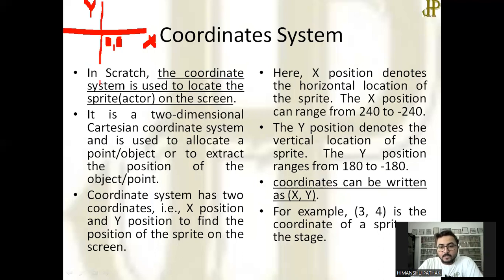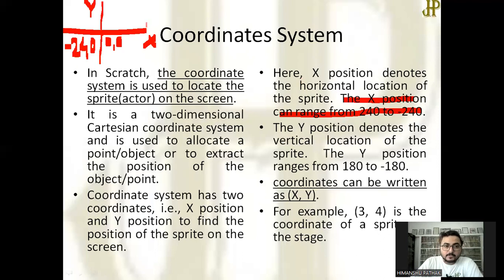Okay, so here you can see that the X position can range from 240 to minus 240. So where is minus 240? You know that if you move to the left hand side, a minus value will appear on the x-axis. So how much can you go further in the stage?